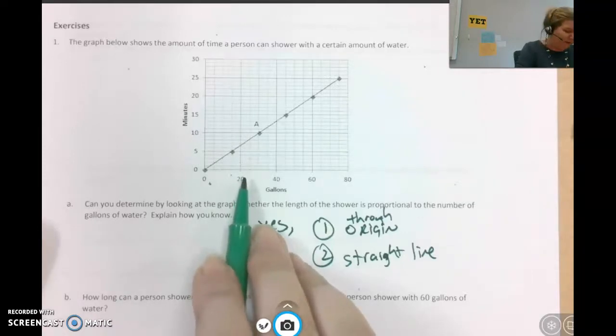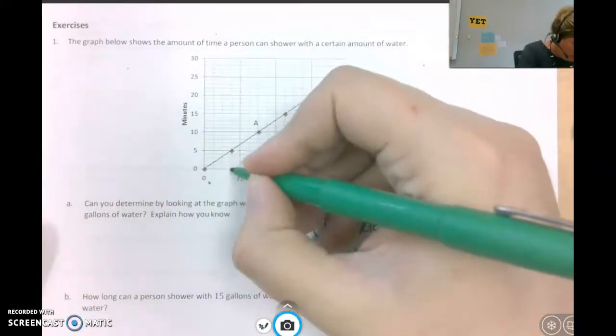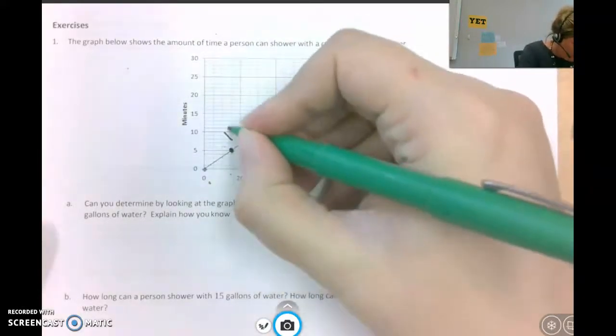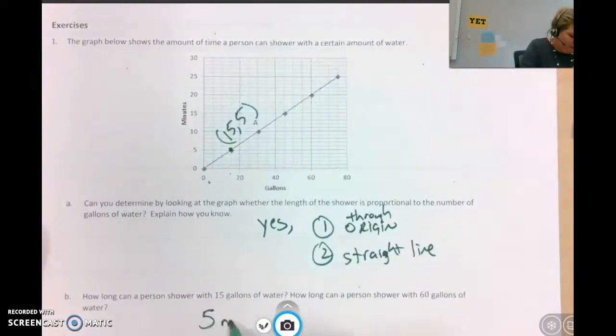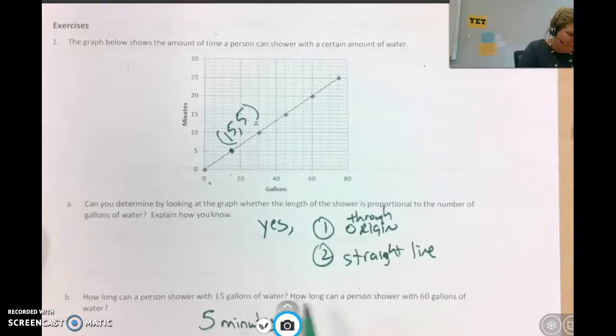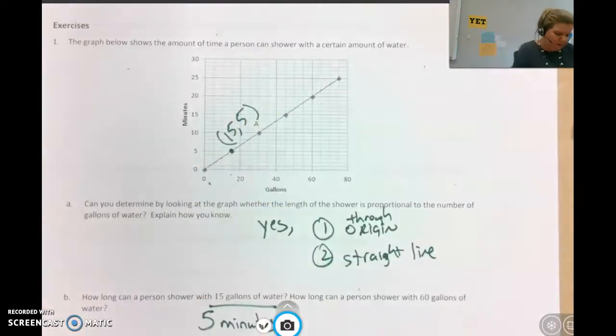So they are counting by 5s. 15 gallons of water is right here. 15, 5. That's 5 minutes with 15 gallons.